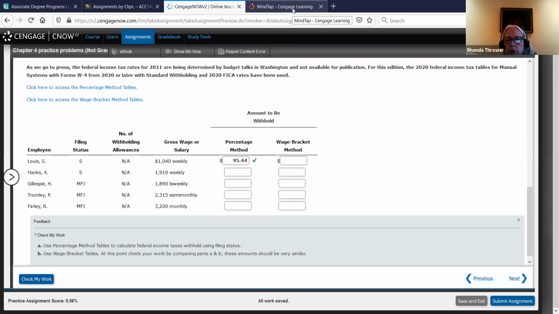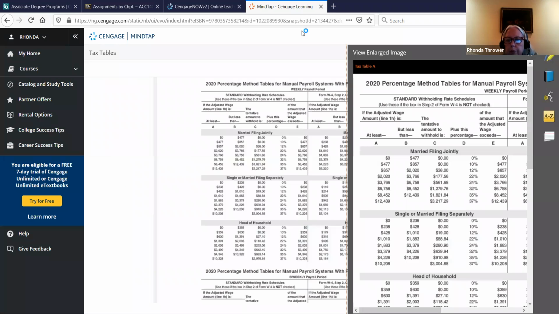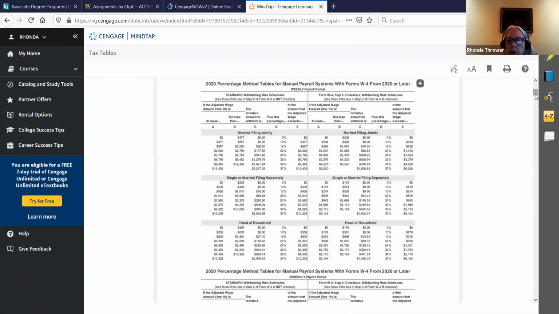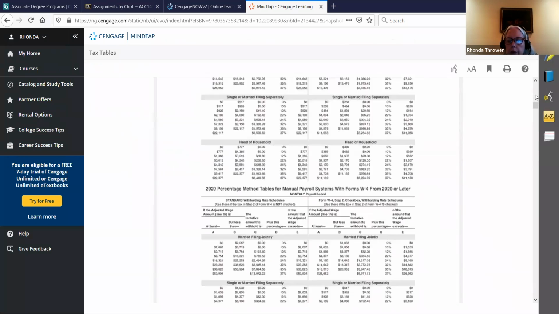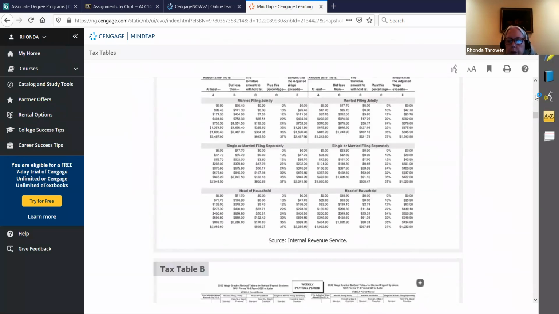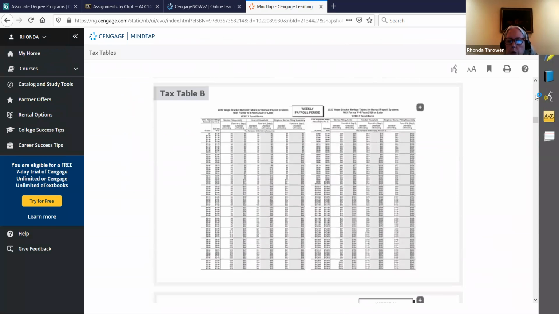So I'm going to go back to my tables. I'm going to get off of the percentage table and move to my wage bracket table. This person was paid weekly and was a single person.